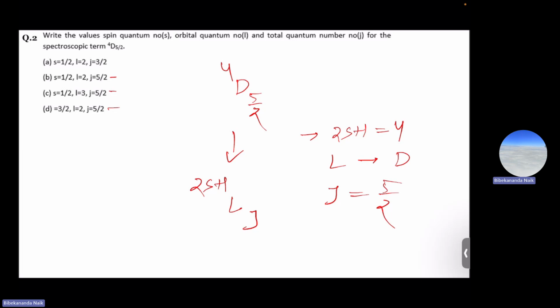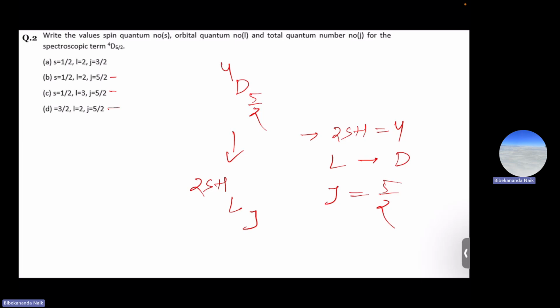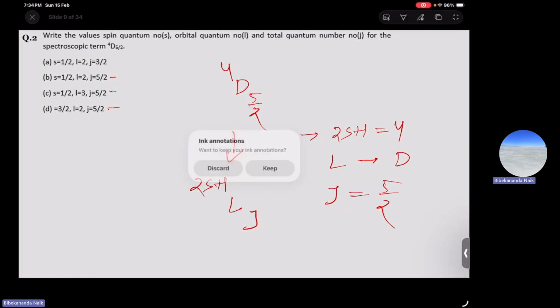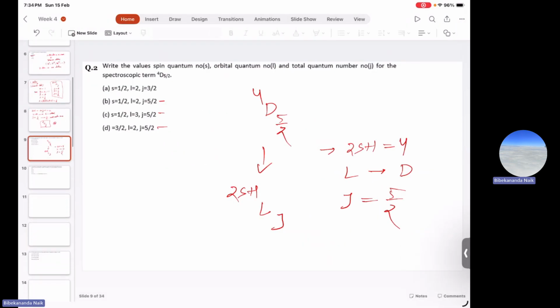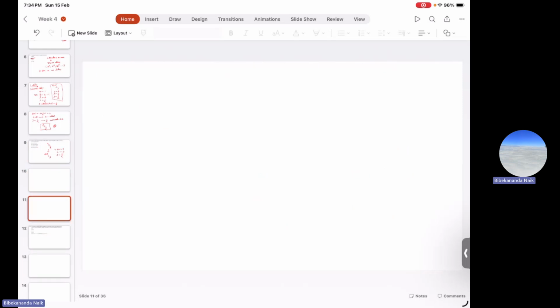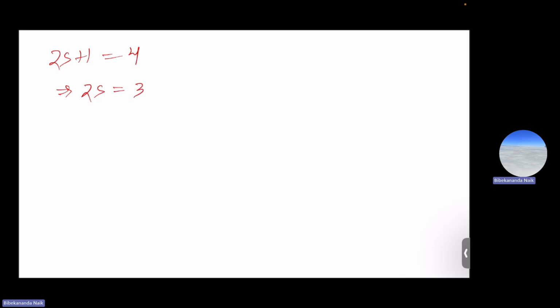Then we need to obtain the value of S and the value of L. We know 2S plus 1 is 4. So 2S is 3 and S is 3 by 2. So again we got S, and we got J, which is 5 by 2.